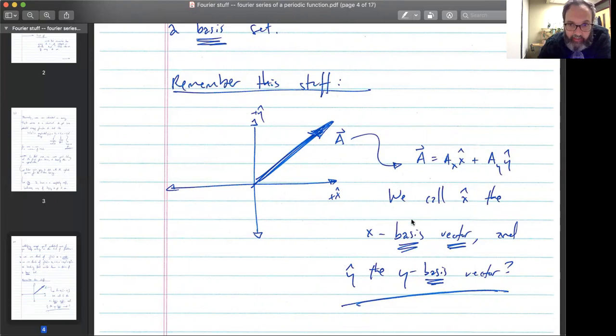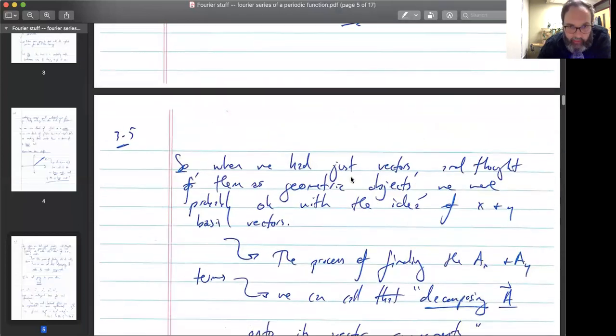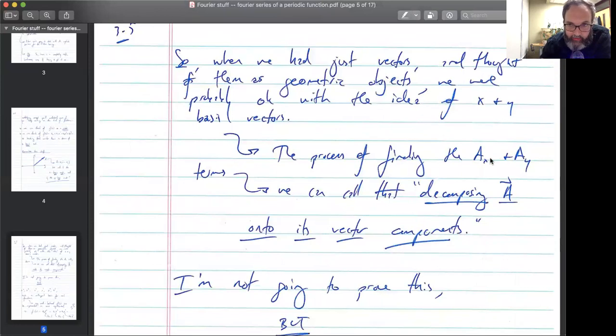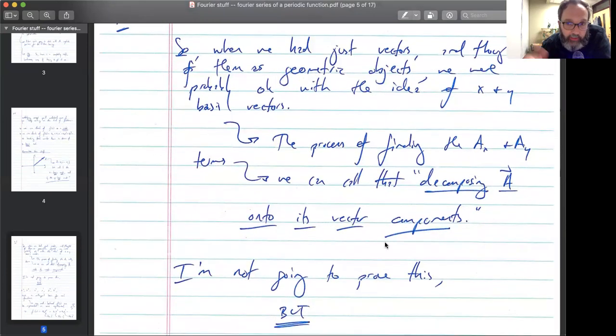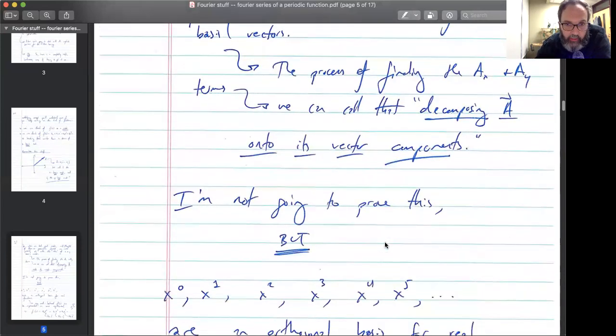So x hat is the x basis vector and y hat is a y basis vector. Okay, so when we just had vectors and we just thought about them as geometric objects, we were probably okay with the idea of an x and y basis vector. The process of finding those a sub x and a sub y terms, we could call that decomposing A onto its vector components, right? We'd be finding the coefficients for its basis vectors.